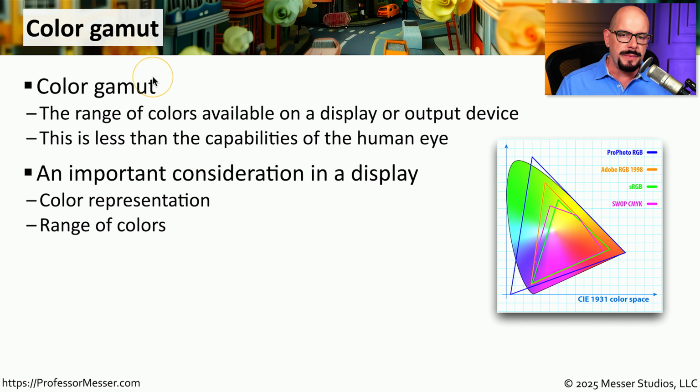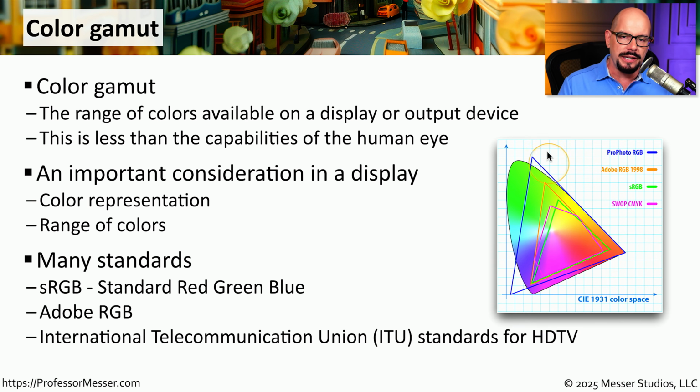One way that this is measured is using this CIE 1931 color space. This color image that's in the background is the color image that our human eye can view. And on top of that, we represent a number of different standards that are also applied to the displays that we use. For example, the sRGB standard, this stands for the standard red, green, blue, is represented on this screen with this blue triangle.